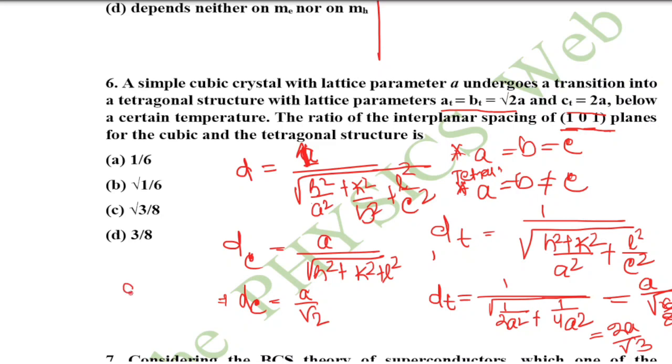Now if you take the ratio, dc/dt will be equal to √(3/8). C is your correct option.